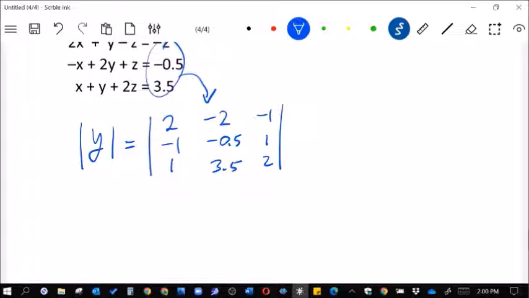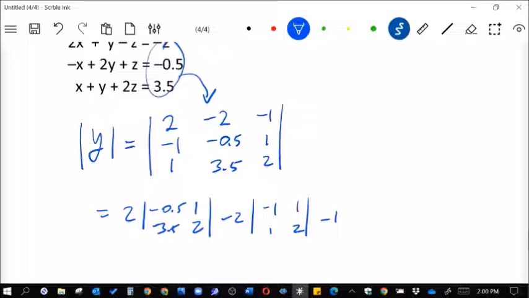And now I'll do this one by minors. 2, -0.5, 3.5, 1, and 2. -2, -1 and 1, 1 and 2. -1, -1. Oops, I just made sort of a mistake here. That's -2.